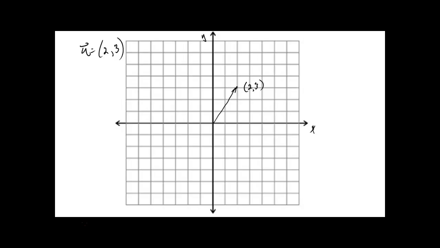In fact, it is a good idea always to do it, because you could have drawn that same line, but without the arrow on that end, you didn't know that it wasn't going in the other direction. So that tells you that is a terminal point (2, 3). And this vector, they wanted to name it u, so this would be the vector u. And it is a directed line segment. The segment goes from (0, 0) to (2, 3). The direction is from (0, 0) to (2, 3), and that is the representation of the vector.